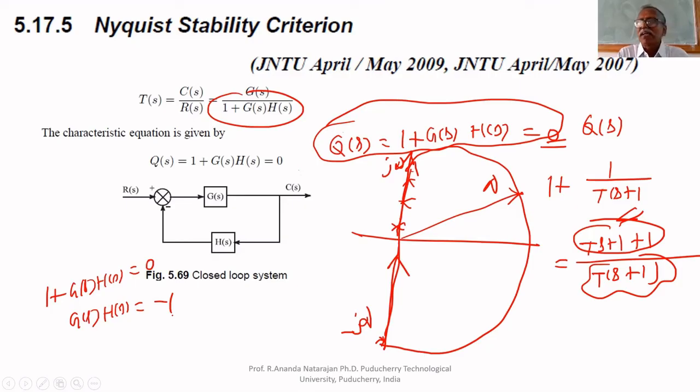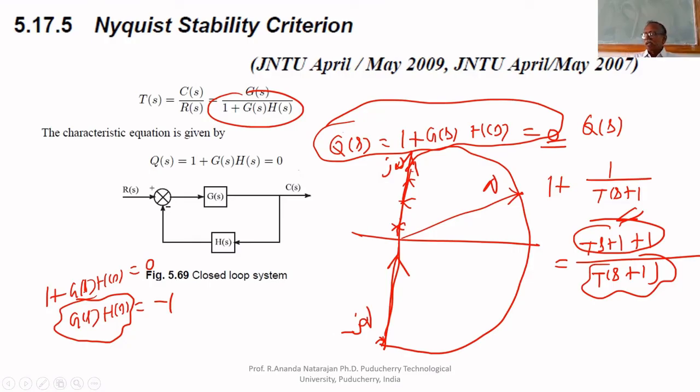That's why we have to check whether it encloses -1 or not, not 0. So if you check G of S, H of S, it should not encircle -1. That is the Nyquist stability criterion.